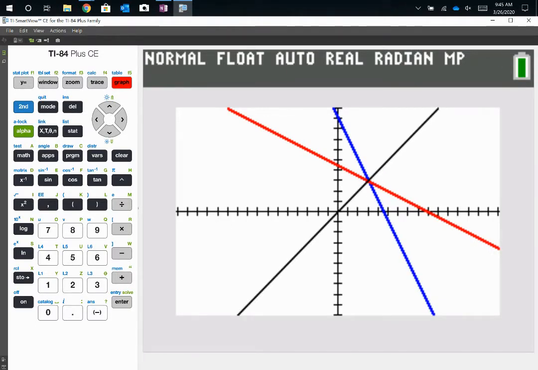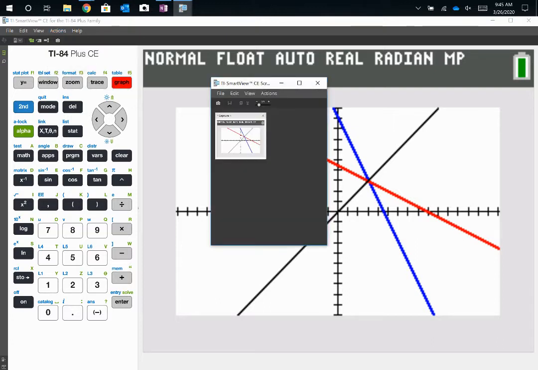And now you can see the perfect symmetry of the two graphs around y is equal to x. Let's go ahead and capture the screen and put it in our notes.